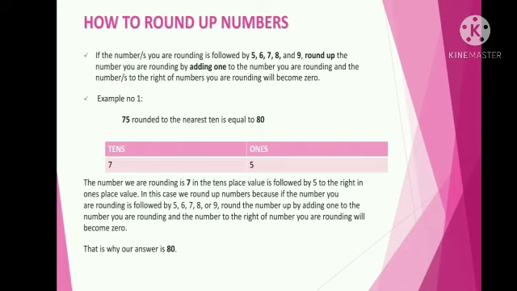So we add 1 to the number we are rounding. And the numbers to the right, or the numbers that follow, will become 0, the same as what we did in rounding down numbers. All numbers that follow will become 0.